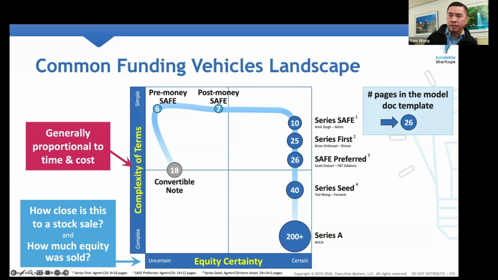Now, I talked a lot about building a fundable company before you fundraise, and it really comes down to that. In general, if I was doing this from day one, if I'm doing some very small fundraise of $25,000 or so, then I'd probably take the path of least resistance and do a post-money safe.